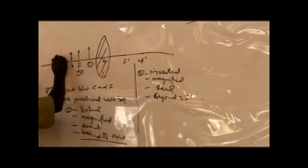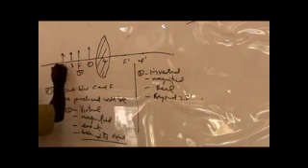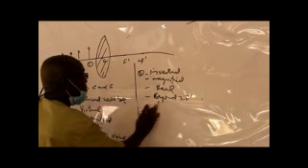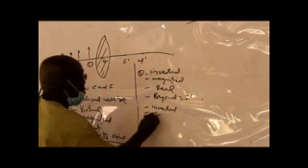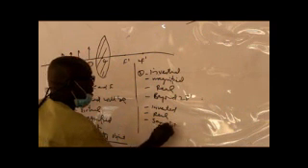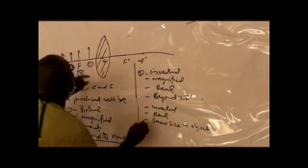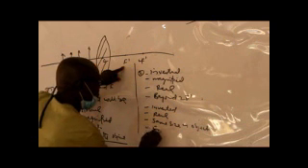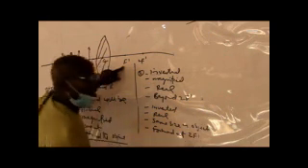Then position 4, object at 2F. The image will be one, also inverted, real, same size as the object, formed at 2F prime.